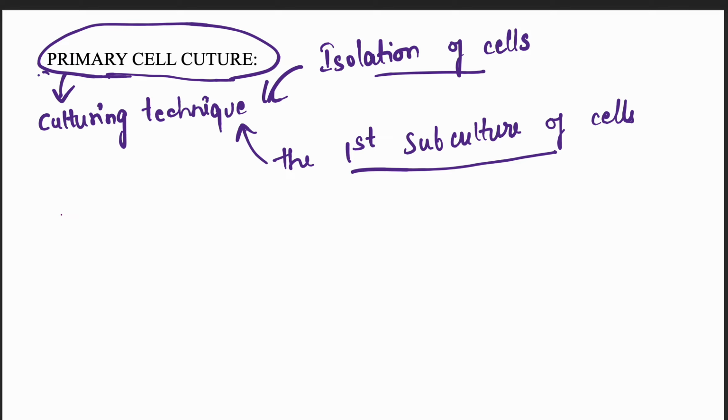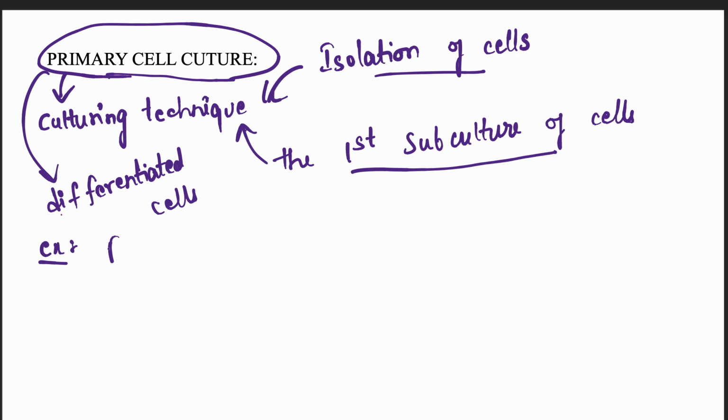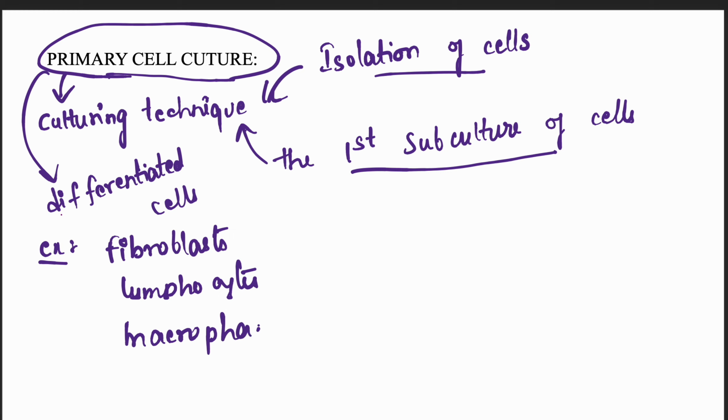This primary cell culture consists of a variety of differentiated cells. Examples of these differentiated cells are fibroblasts, lymphocytes, macrophages, and epithelial cells.